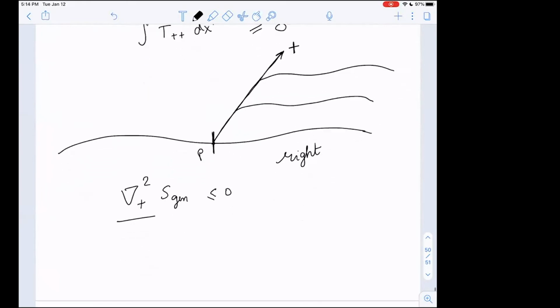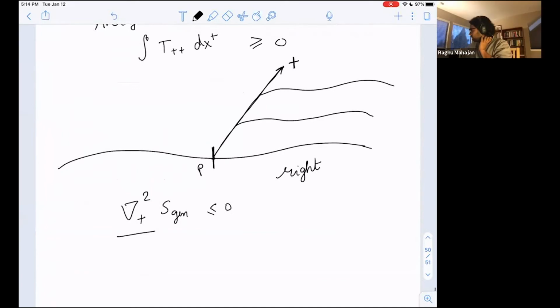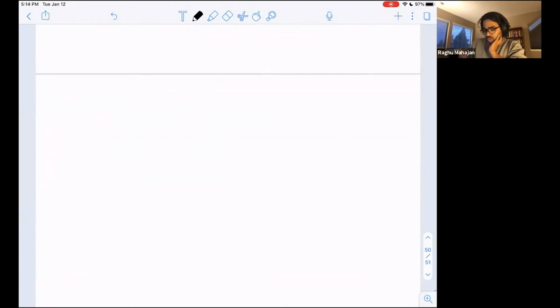Okay, all right, so we will see how we can use this to give us some results. But first, I should say that actually in 2D, this is just a curiosity, we don't need it. There's actually a stronger form of QNEC that is conjectured.